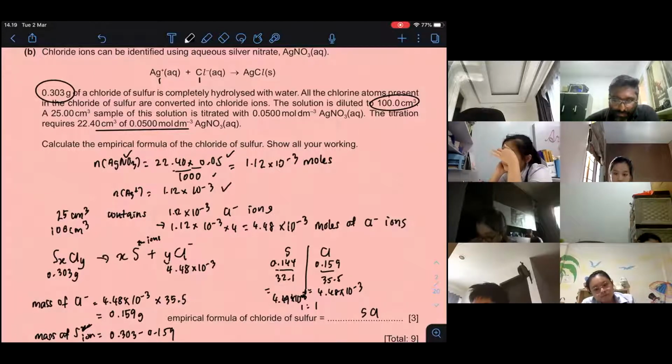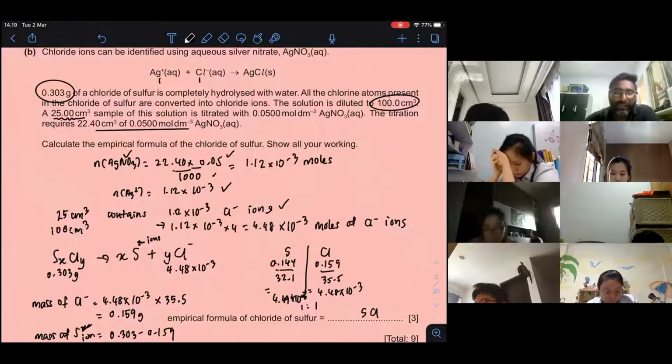It means I can also find out that you have the same number of chloride ions. But do take note, this is going to be 25 cm cube, so I need to convert this into 100 cm cube. So I need to times by 4. It's 25, I want 100 cm cube.